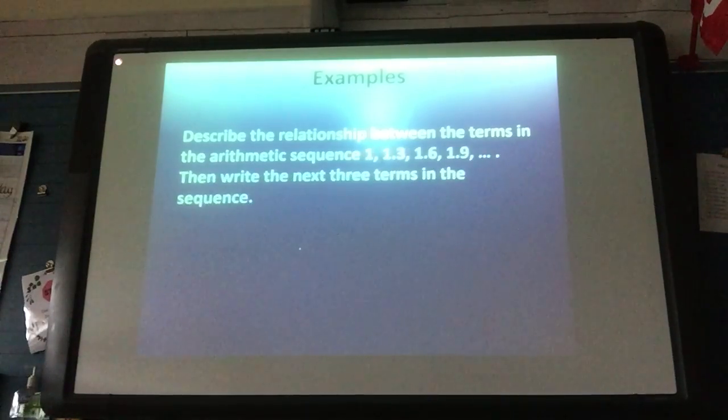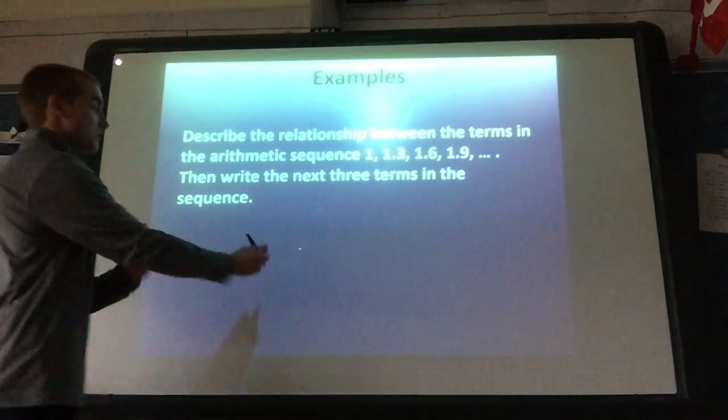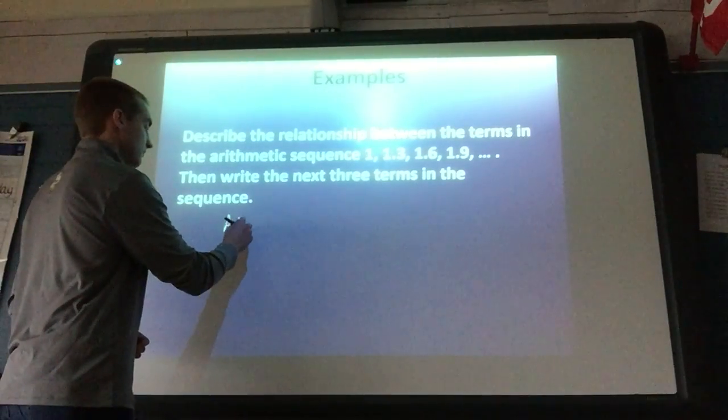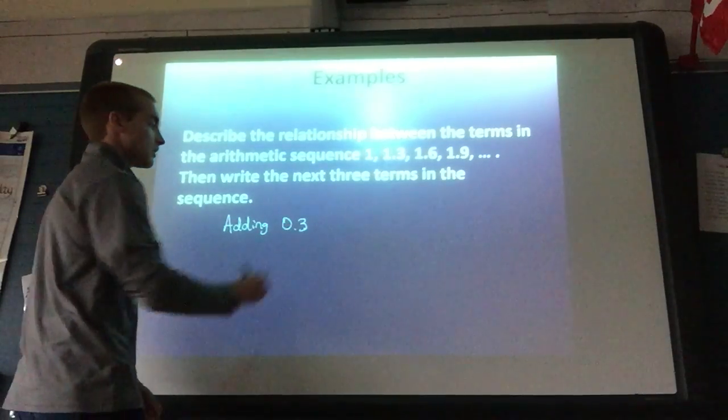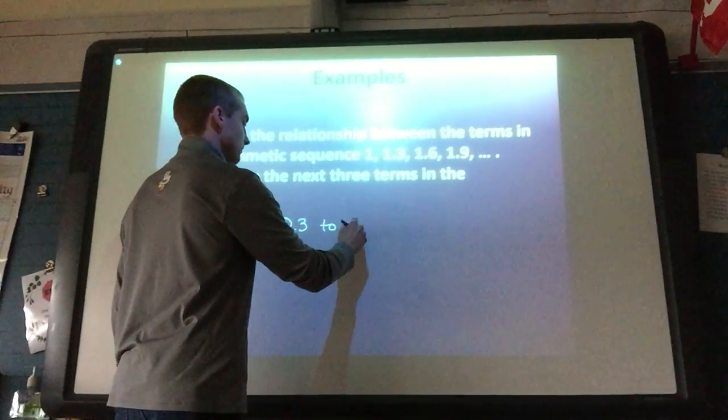So go ahead and pause your video, and I want you to answer the same questions about this sequence: 1, 1.3, 1.6, 1.9. Okay, so for this sequence, you would be adding 0.3 to the previous term.